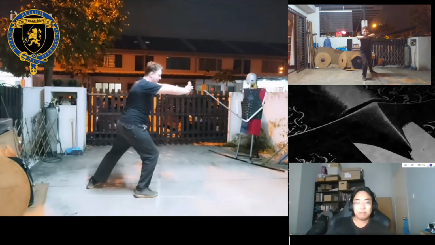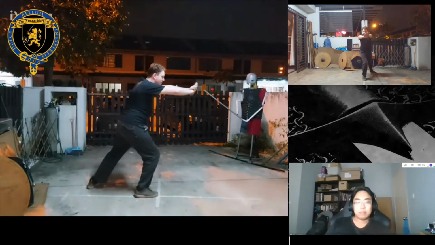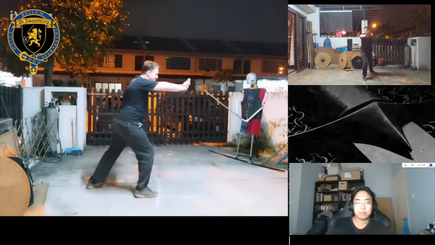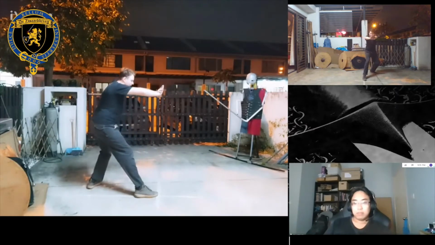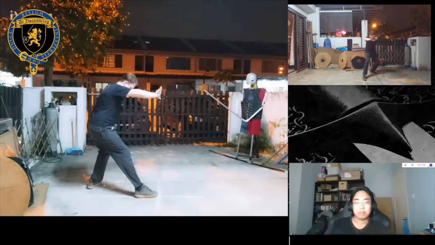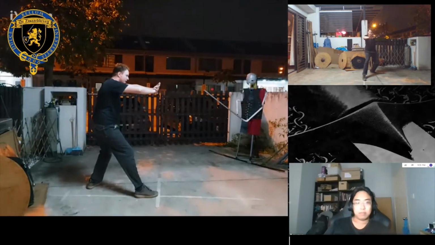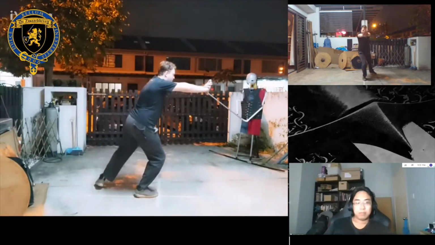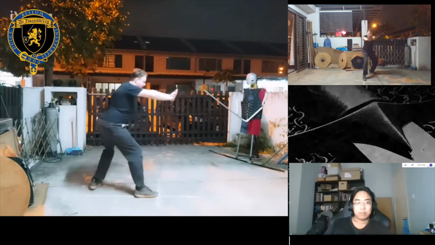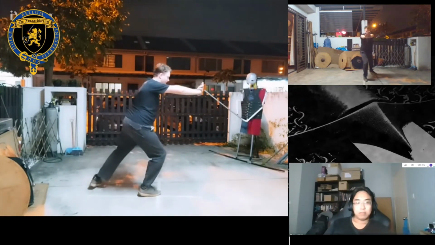Then, at this point, your opponent should start pushing back. And again, you resist him as best as you can, and you lean into your rear leg here, right? And at that point, he should be extended to the point. And then again, push in, and he pushes back, and you push in, and he pushes back.